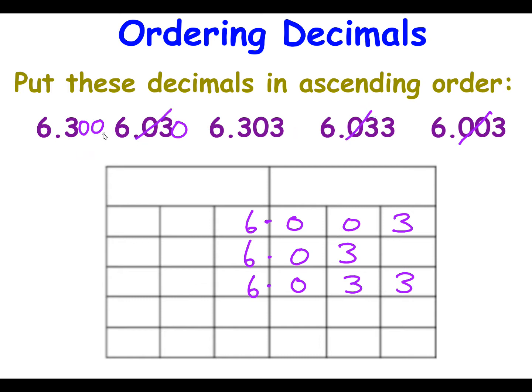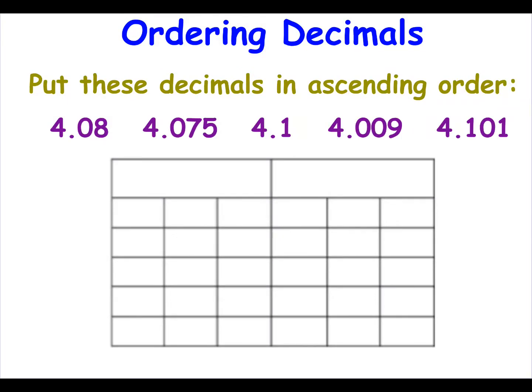And then we've got 300 before we have 303. So these are ordered in ascending order, starting with the smallest and then getting bigger.